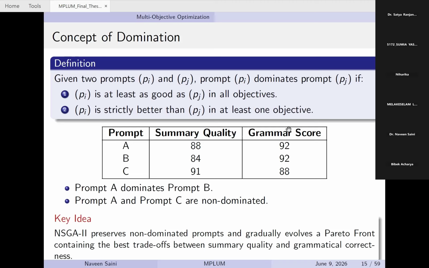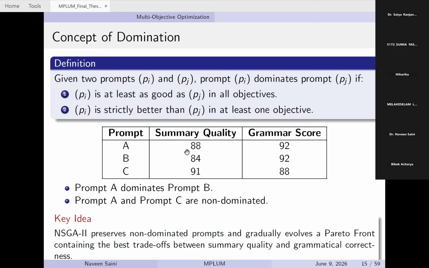But for the grammar score, both have equal scores. In terms of the first objective, A is better than B. So that's why prompt A dominates prompt B.